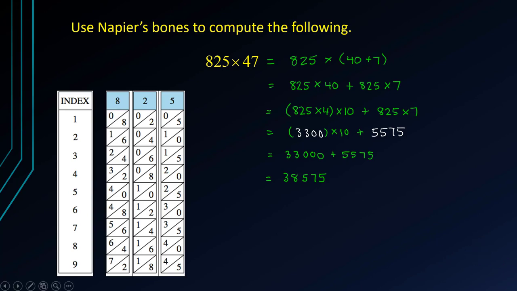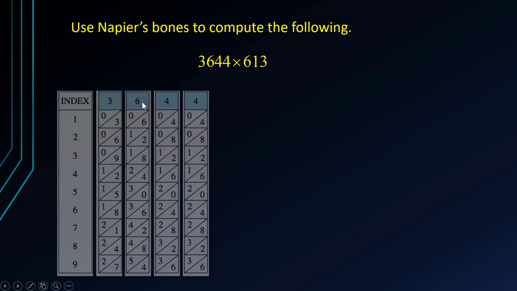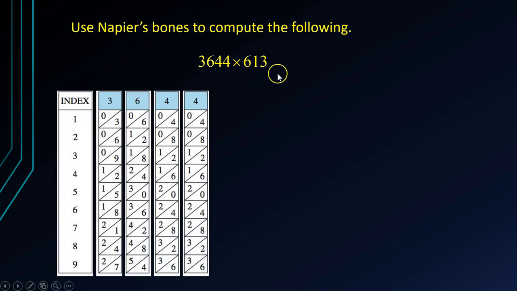So let's move on to a situation where I would multiply by 3 digits. It works very similarly. Again, I'm going to set up the 3644 with the bones, because it has more digits than the 613.